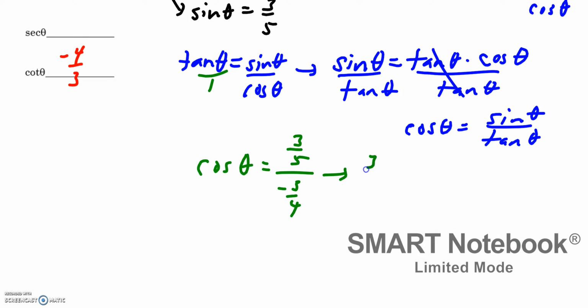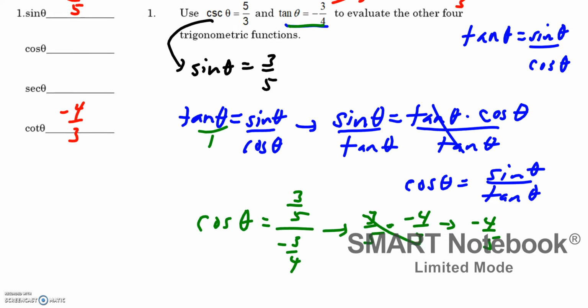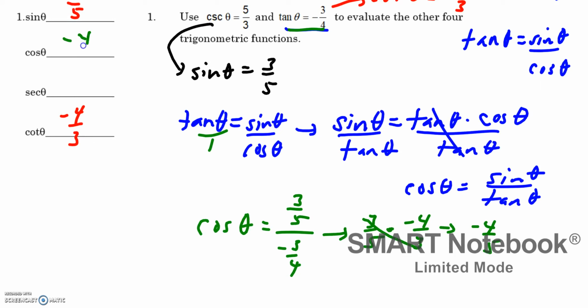And that is the same as 3/5 times the reciprocal of -4/3. The 3's on top and bottom cancel out, and so you're left with -4/5. So that means that my answer for cosine is -4/5, which means the answer for secant would be the reciprocal of -5/4.